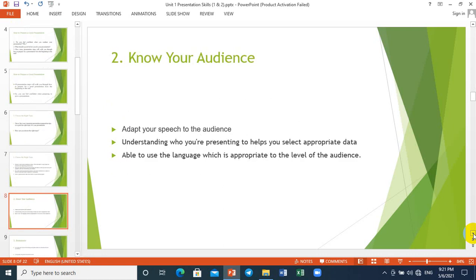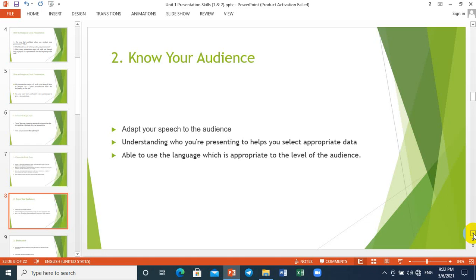The second step, know your audience. So why do we need to know our audience? It's easy to adapt our speech to the audience. Understanding who you are presenting to helps you select appropriate data, the data that the audience needs.